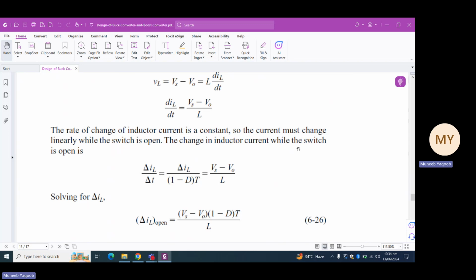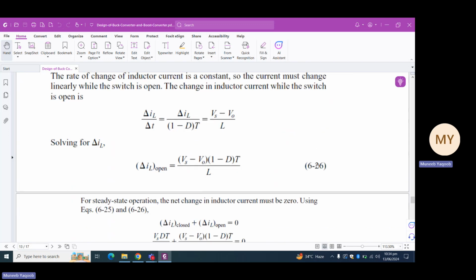Now from this equation we can easily conclude that delta IL open is basically (Vs minus V out) multiplied by (1 minus d) into T, whole divided by L. As you remember, when we calculated the values of delta IL open and delta IL closed, what we did next was take the sum of these two delta IL, and since they cancel each other, the sum is equal to 0.